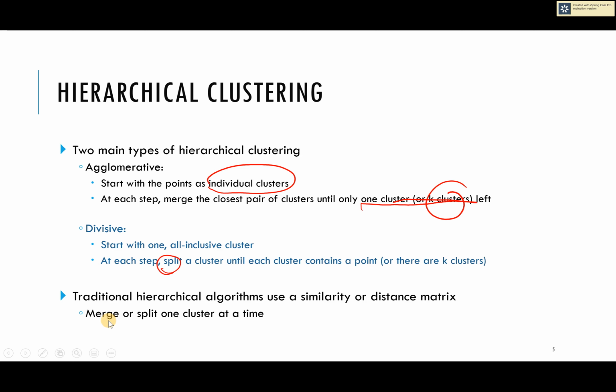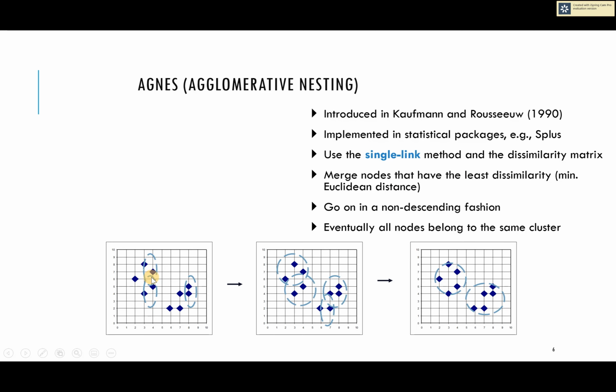Okay. So traditional hierarchical algorithms use a similarity or distance matrix to do the merging or splitting one cluster at a time. Okay. So this is agglomerative, so you may read this. Usually it will use the single link method and the dissimilarity matrix. Please refer back to the previous video or the previous slide on the dissimilarity matrix. I have explained what a dissimilarity matrix is all about. Okay.